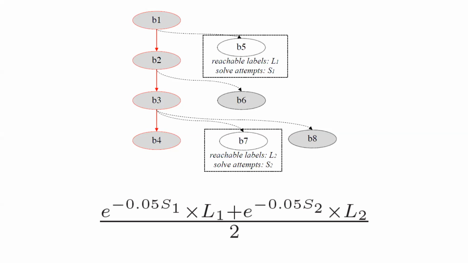Yeah, the paper just says that the seed follows a path B1, B2, B3, B4. But basically they mention that B5 and B7 are the uncovered branches.